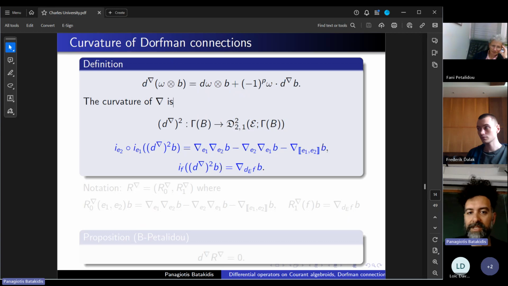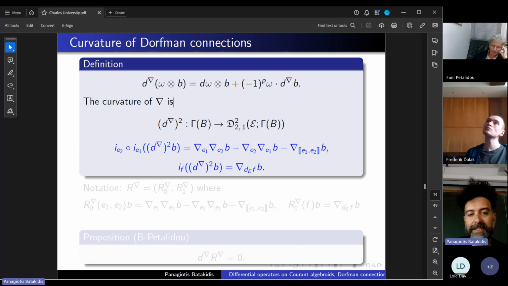Everything else is pretty much the same. But the point is that the same way you have entries of this object, when I feed it a section of B, the properties they have are exactly the same that I had before for my differential operators. I mean, they are of a precise order in every entry.